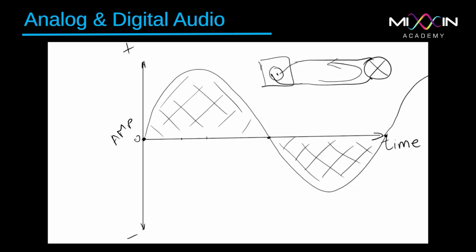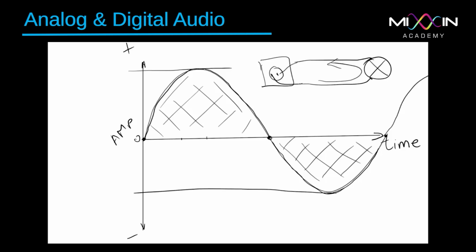It doesn't flow, then it starts flowing stronger and stronger in one direction, and this is where it's the strongest, flowing in that plus direction. And then it slowly attenuates, going downwards, then no electricity. Then it starts flowing the other way around, and this is where it's strongest in the other direction.